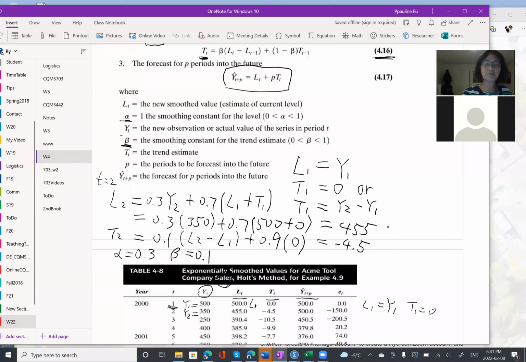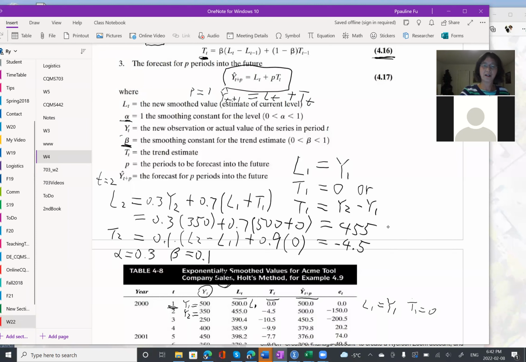When P equals 1, one period into the future, you get Y hat T plus 1 equals L_T plus T_T. So L plus T is the next forecast, Y hat T plus 1.